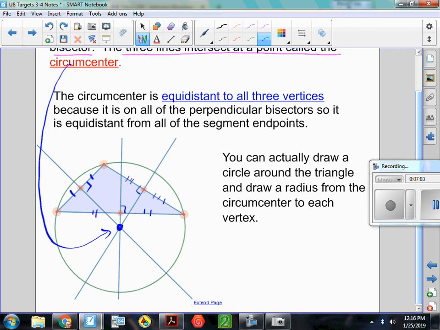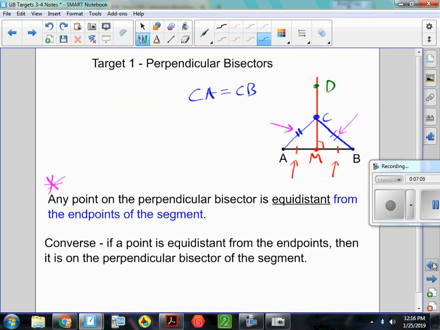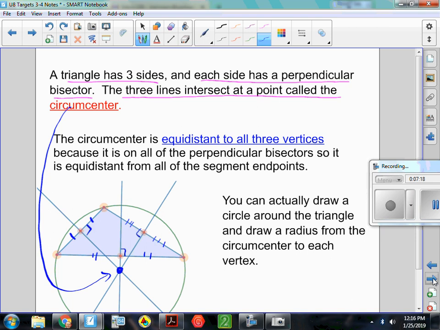And what that tells me from the bisector theorem, remember, any point on a bisector is equidistant to the endpoints. Well, the endpoints of my segments are all the vertices of the triangle, which means that the circumcenter is equidistant to all the vertices because it's on all of those perpendicular bisectors.